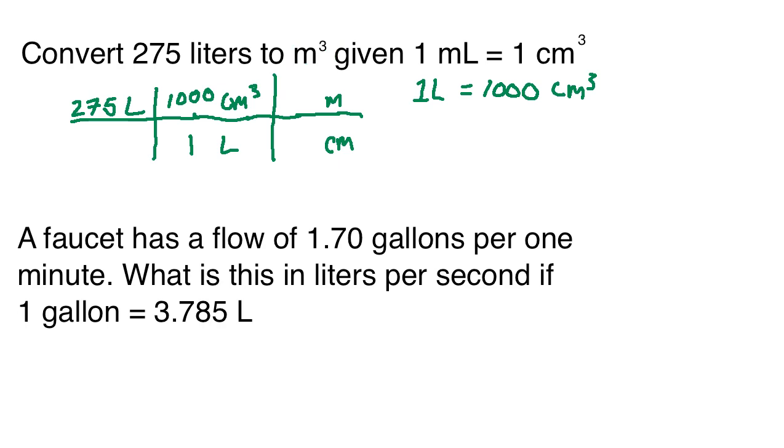So if I plug this in, I'm going to end up with 1 meter, which is the larger unit, giving me 10 to the 2 centimeters. So 100 centimeters should be in 1 meter. Now remember, I need to cube everything I have here in order to get meters cubed and centimeters cubed. So when I multiply the exponent 2 on the centimeter by 3, it's going to end up as 10 to the 6 for the centimeters cubed unit.